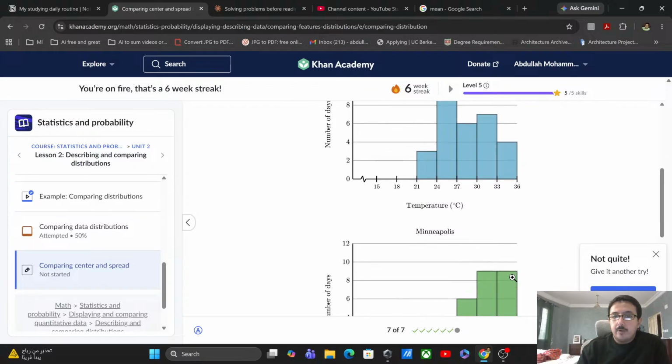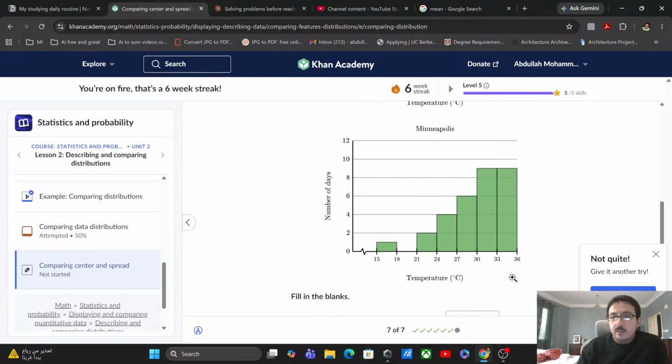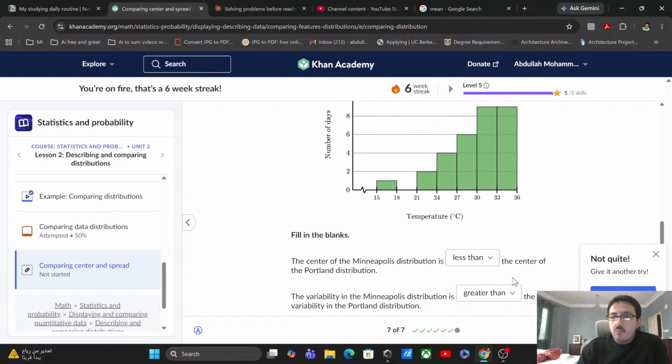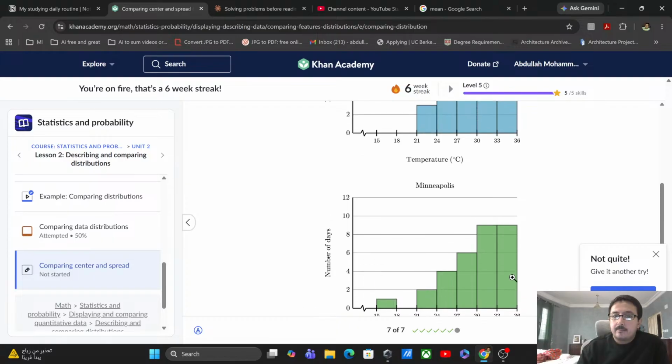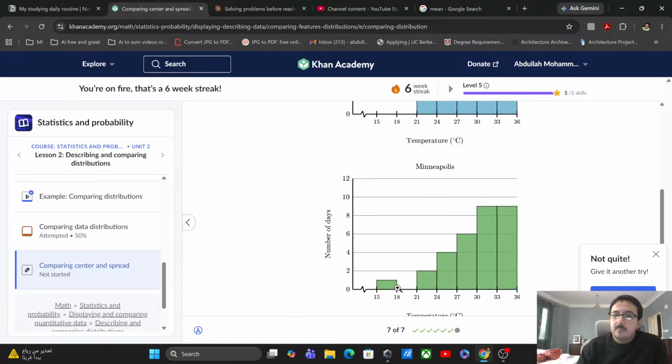What are we taking? Number of days, temperature. Get the center. Because the mean is going to be way less because of the median.